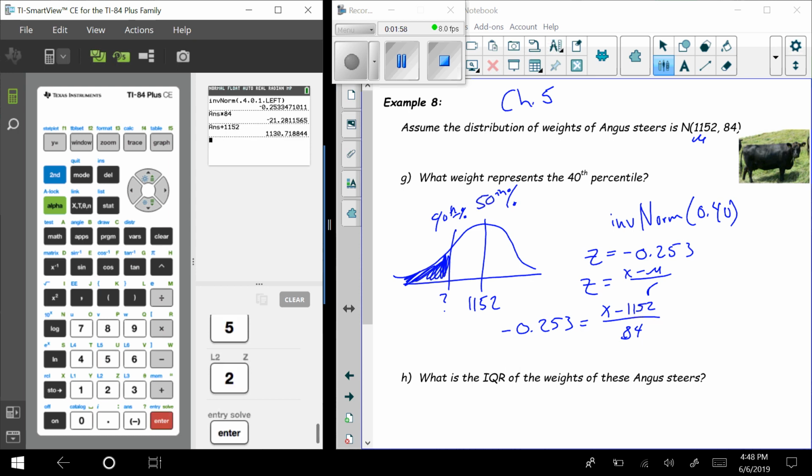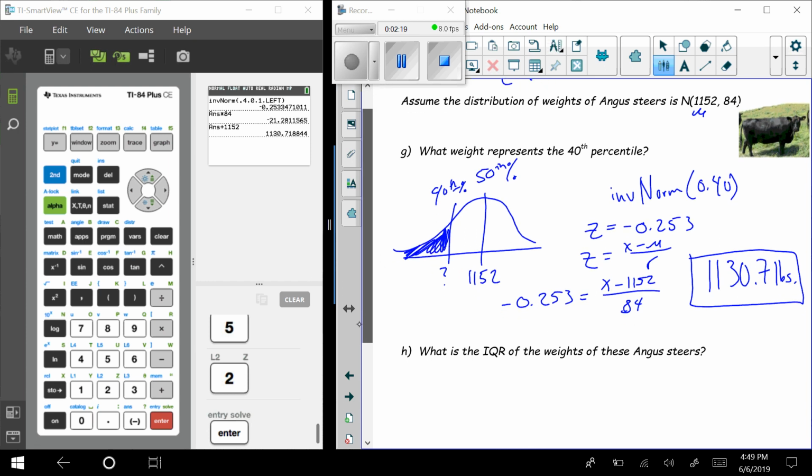We expect this number, of course, to be less than 1152, and it is. It's 1130.7 pounds. That exact weight represents the 40th percentile. I don't have to say less than or greater than, okay? That is the exact weight for the 40th percentile.